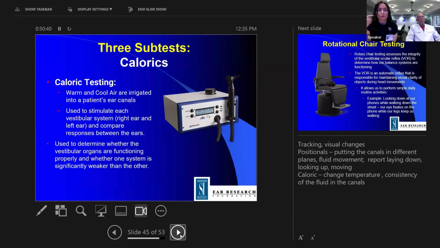When that happens, we want your brain to tell your eyes to move accordingly, so that we can see if your eyes are able to respond based on whatever your ear is telling you. So this is a really great test for us to see, one, is there a weakness in one system or the other? And then we also want to see, are the ears, eyes, and brain all talking to each other at the same time?